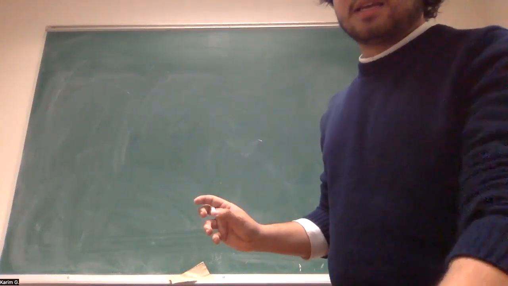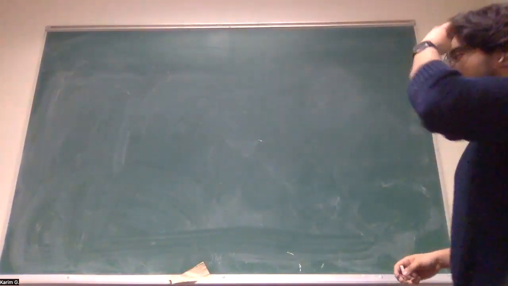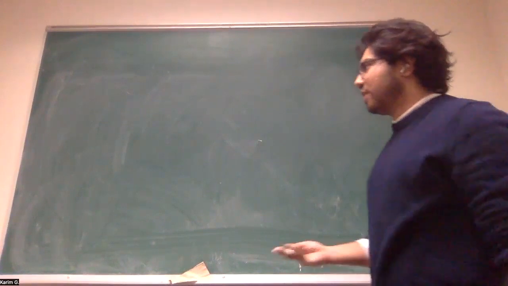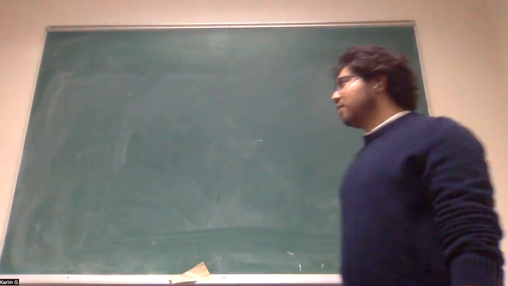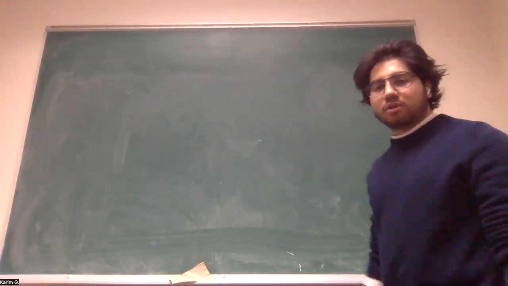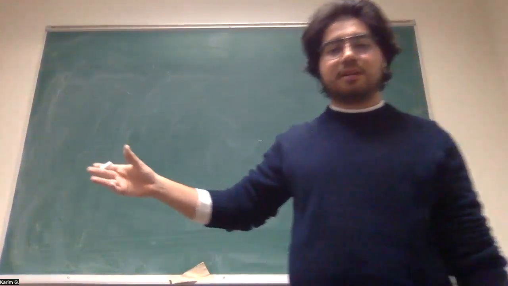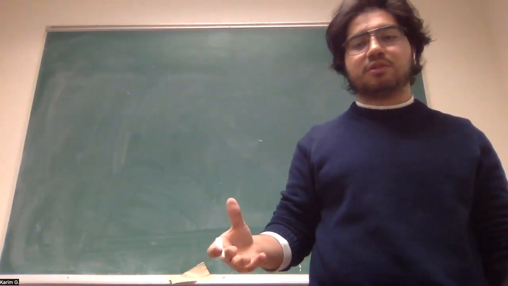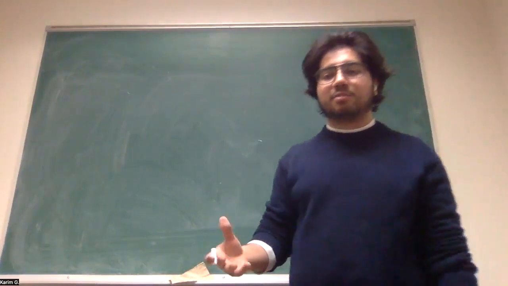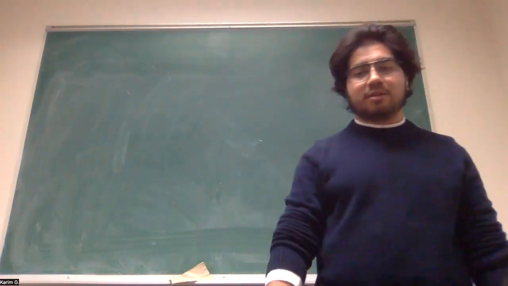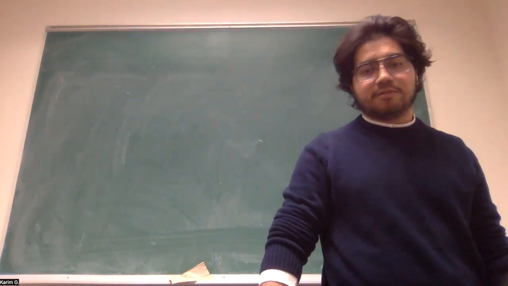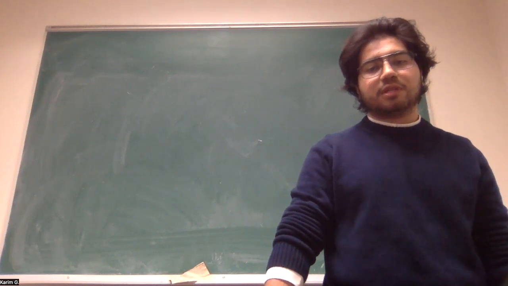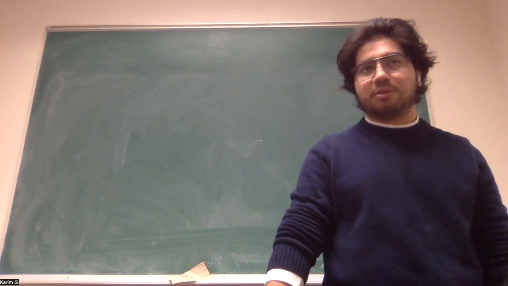Okay, so number five is tricky. It tricked me. It's saying calculate the amount of heat needed to melt 2 kilograms of iron at its melting point, which is 1,809 Kelvin, given that the heat of fusion is 13.80 kilojoules per mole.